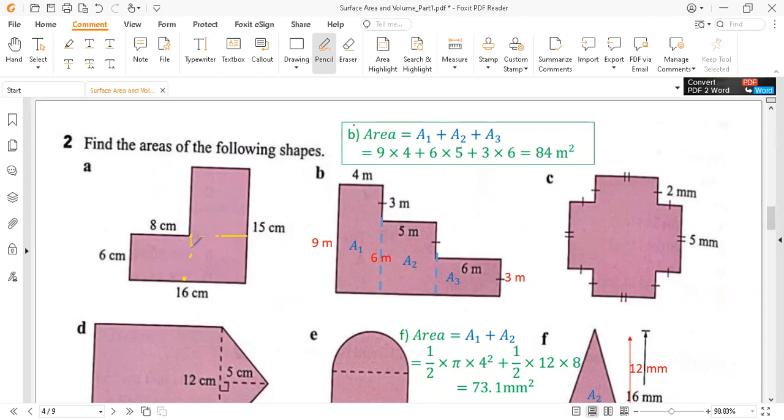Here we can, for example, cut this one or this one. It is recommended to use the least number of cuts. For example, here it is recommended to have one cut instead of two cuts, because with the horizontal cut that we have here, we will obtain two simpler shapes.